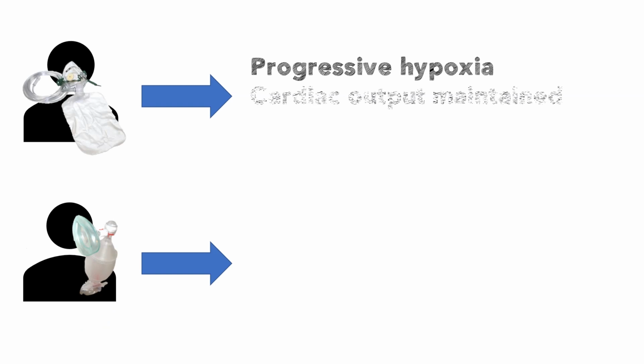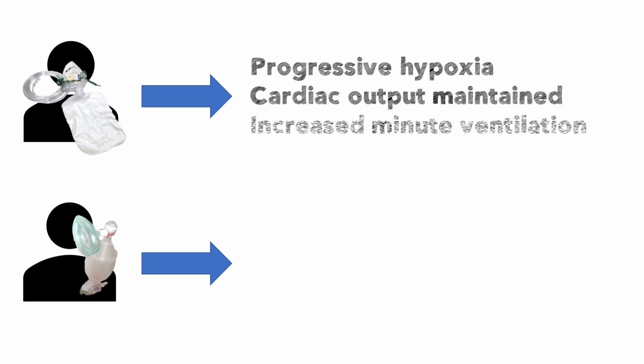So just to summarize really quickly, patients that are breathing spontaneously generally present with progressive hypoxia, and their cardiac output is maintained by an increase in their minute ventilation. So if you are performing a roadside assessment for a patient with chest trauma and they are hypotensive and breathing spontaneously, then you should investigate for another cause of the hypotension.